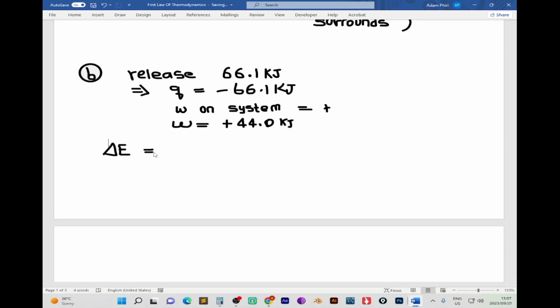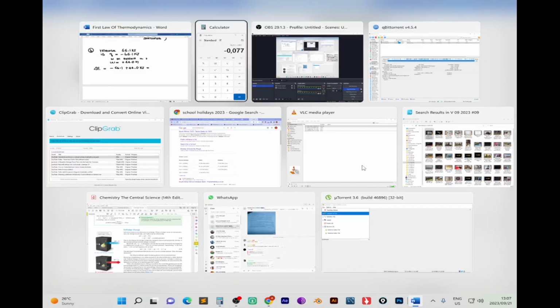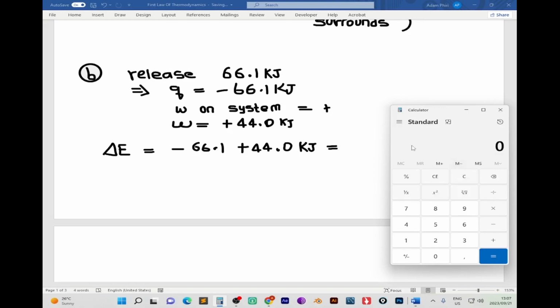So coming once again to our equation, we can see that we have negative 66.1 plus 44.0 kilojoules. Let us go through that once again in our calculation.